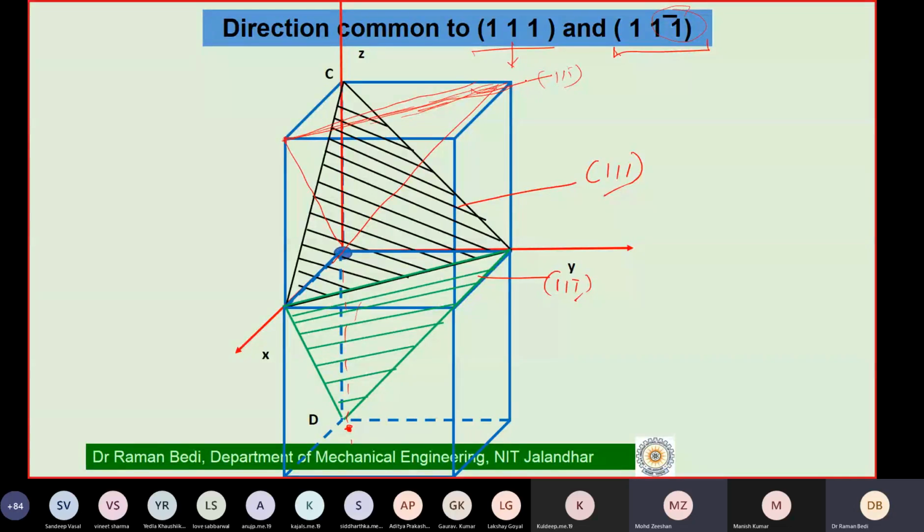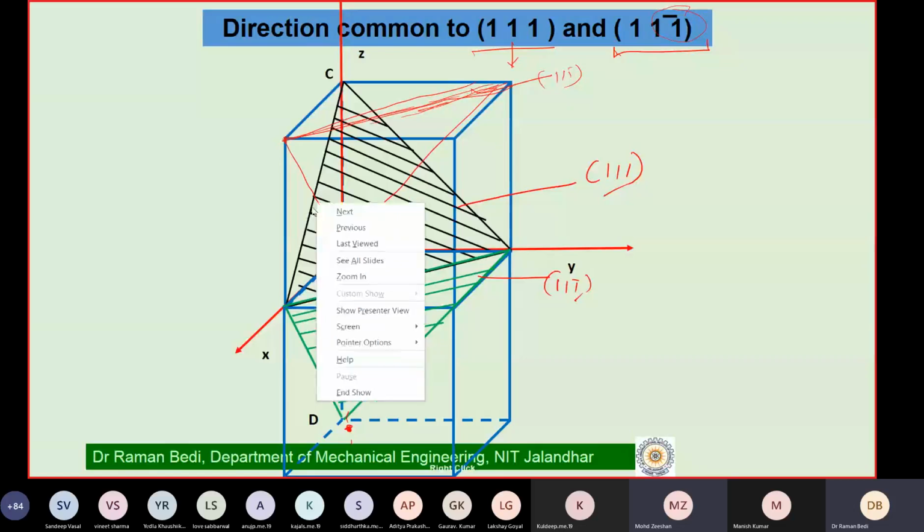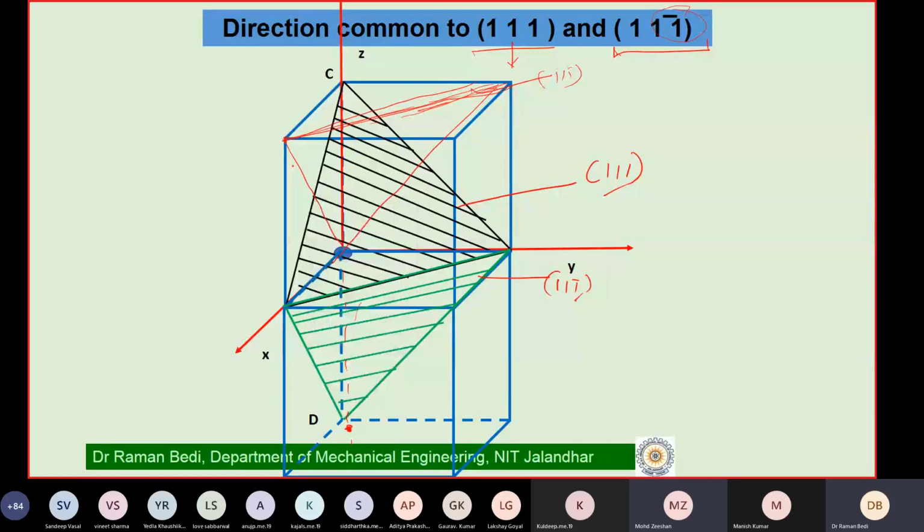Okay, let's see. Then I am interested to know which is the common direction to them. Which is the direction common to the 1, 1, 1 and 1, 1 bar 1 plane? Graphically, can I see? We can.